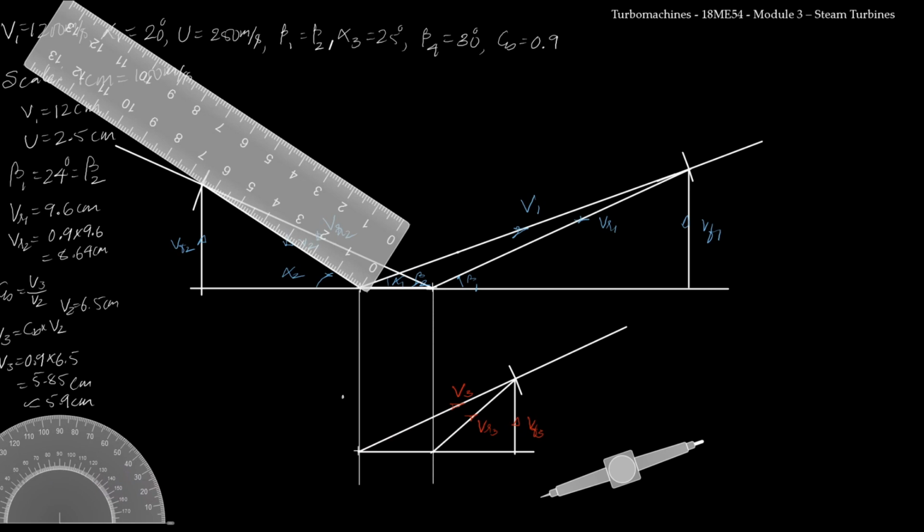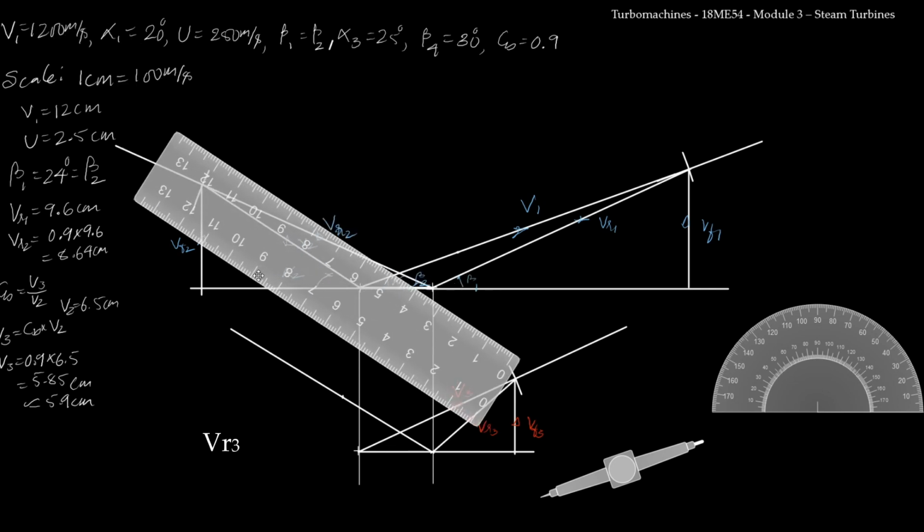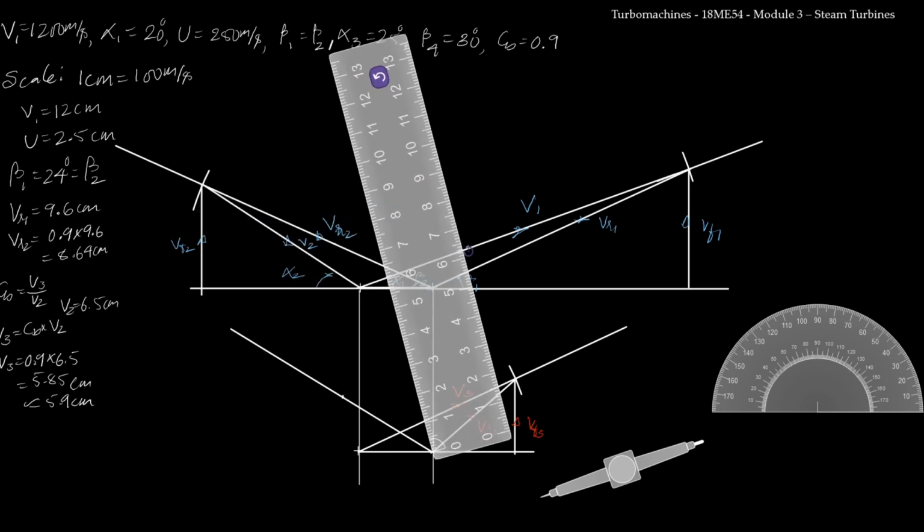Now I will draw a straight line. Now I need to calculate the length. So to calculate the length, I need to measure the length of V3. So I will place the ruler here and I will rotate the ruler.